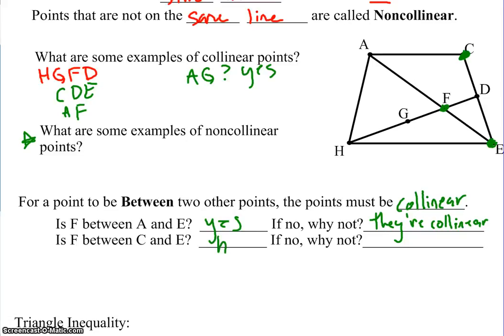So it's not between because they're not collinear. So that doesn't make sense to talk about F being between those. D, on the other hand, would be between C and E, but not F.